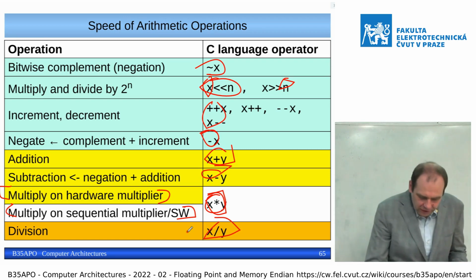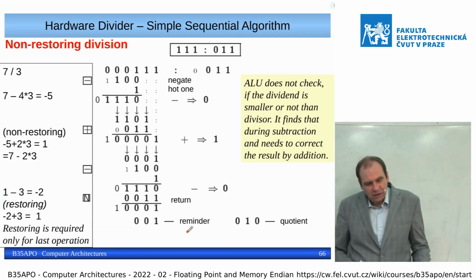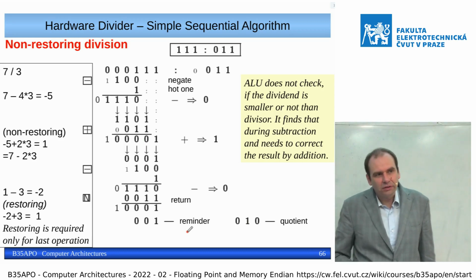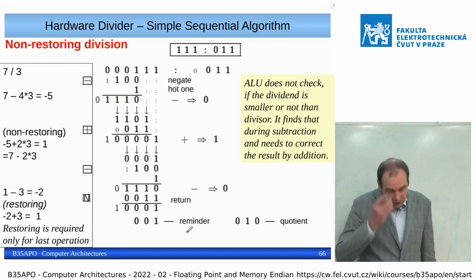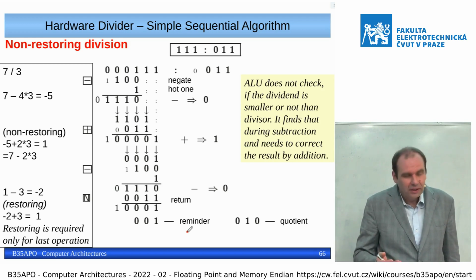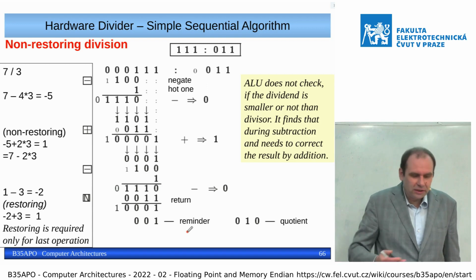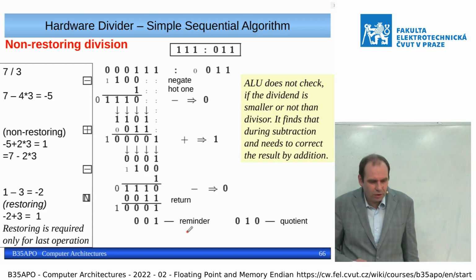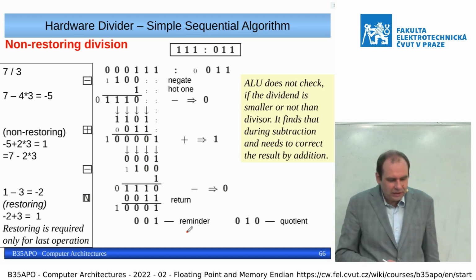And then we have a division, and there is no good way how to have very, very fast division. So there can be a logic which pre-computes through the table some reciprocal value, then you can try to somehow refine it, but if you want to compute a real division, then it is a problem.